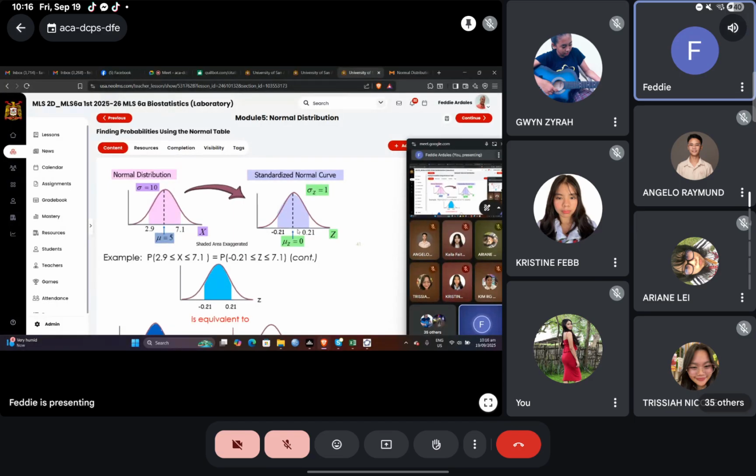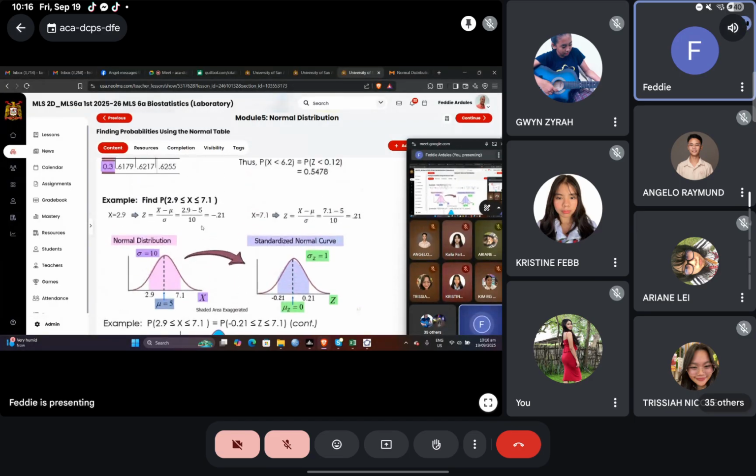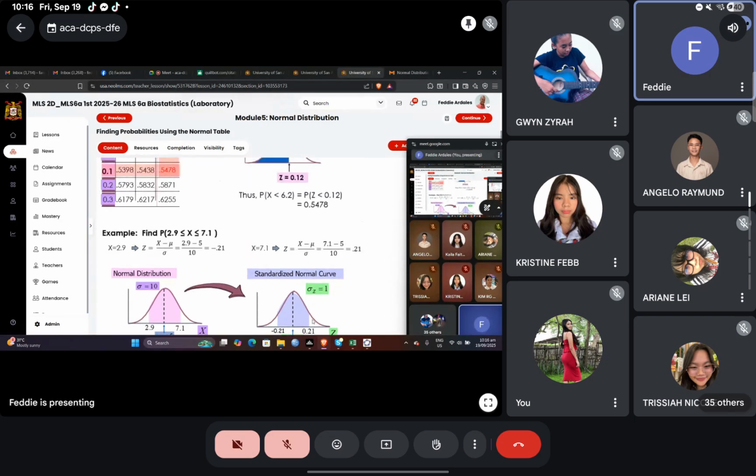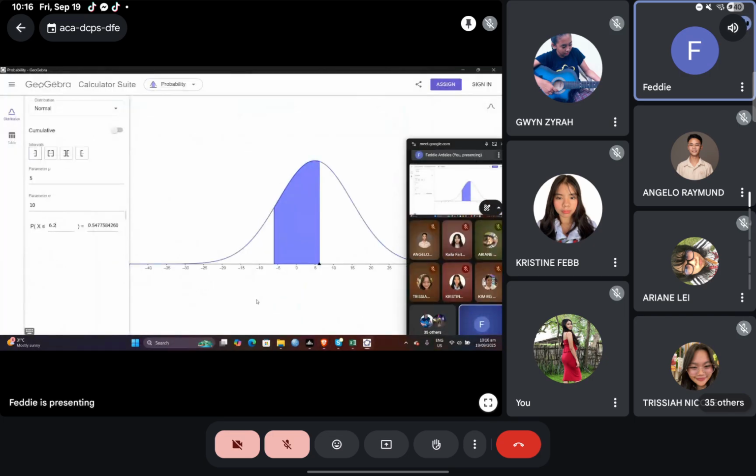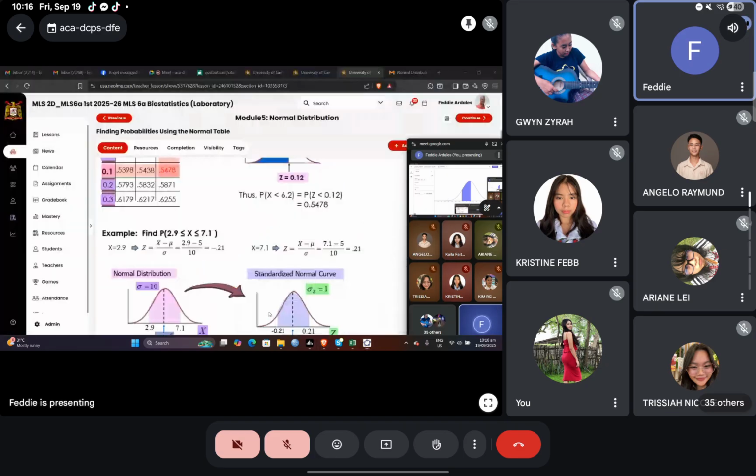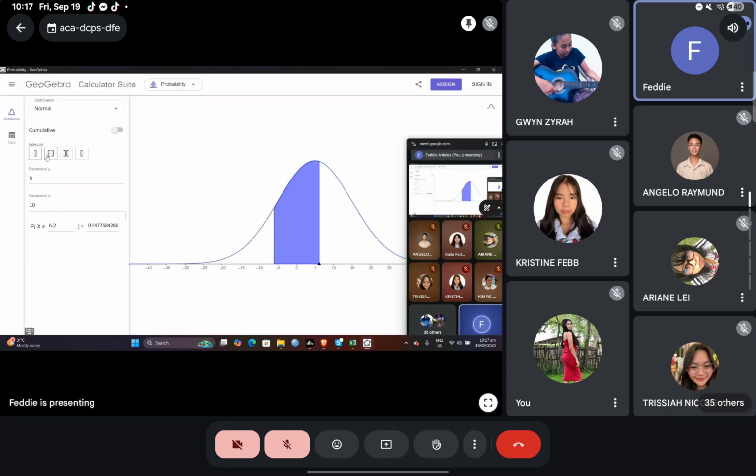So if we compare, let's plug in the mean, which is 5, and a standard deviation of 10, between 2.9 and 7.1.